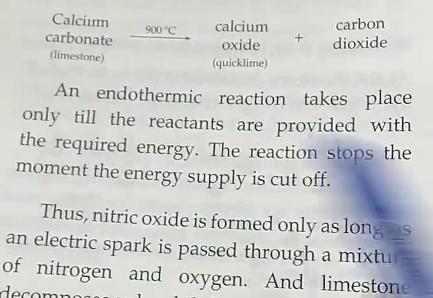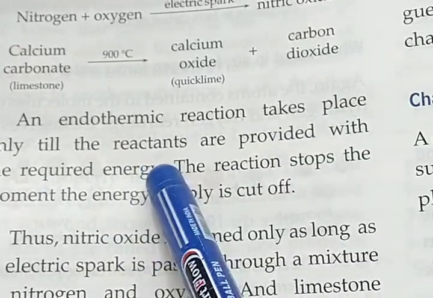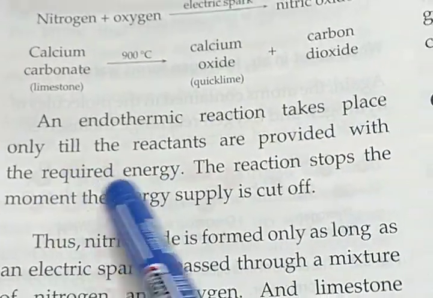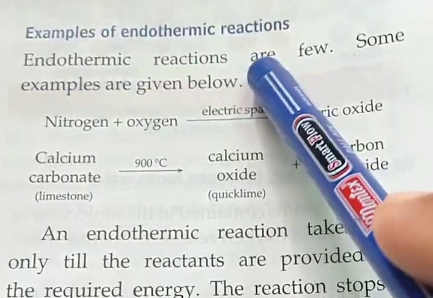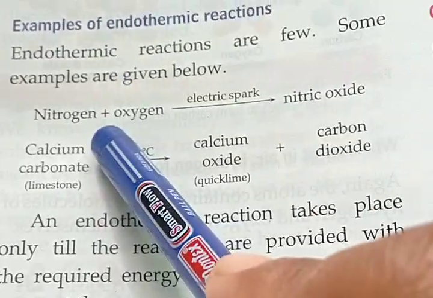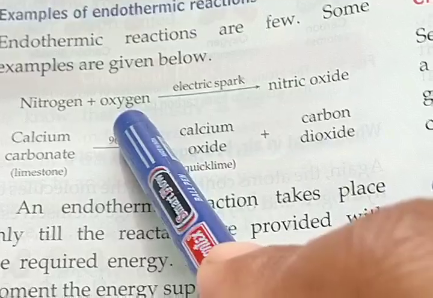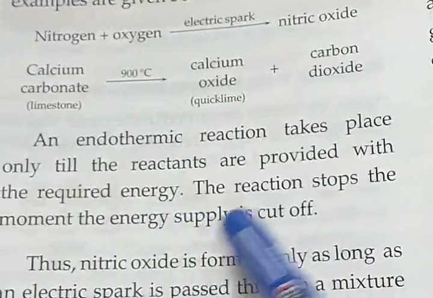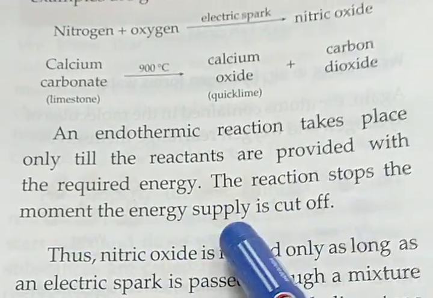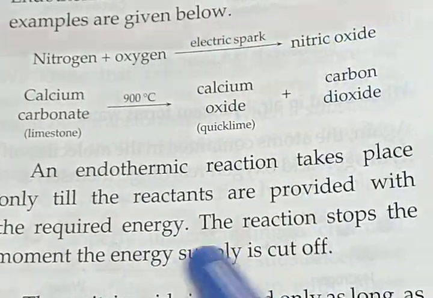An endothermic reaction takes place only till the reactants are provided with the required energy. So in an endothermic reaction, when the reactant parts break down or combine together, in this region energy is taken in. The reaction stops the moment the energy supply is cut off. जब reaction complete हो जाएगा तो normally हम लोग energy supply stop कर देंगे.